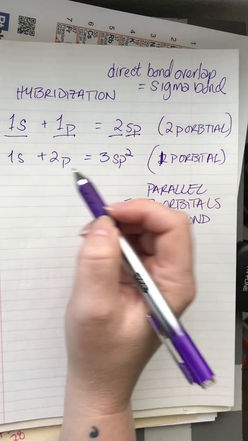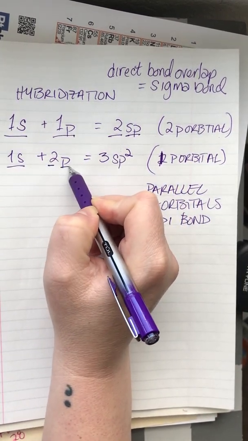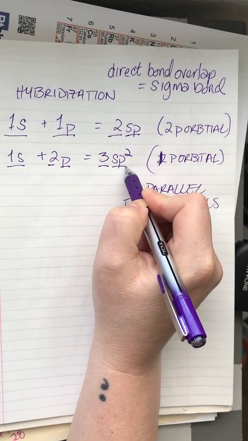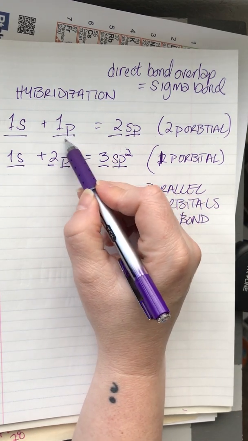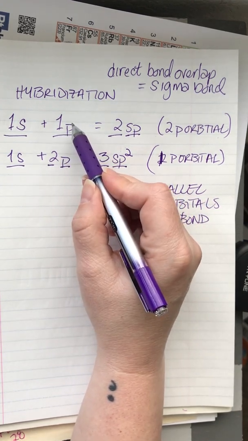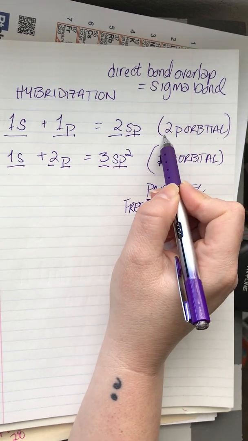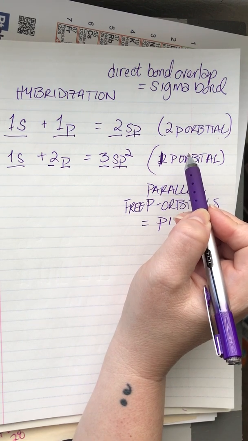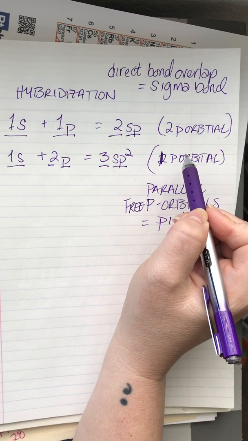We have one s orbital and two p orbitals combined to make three sp2 orbitals. In this case, we've used one p orbital in our hybrid orbitals, so we have two p orbitals left over for pi bonding. Does that make sense, guys?